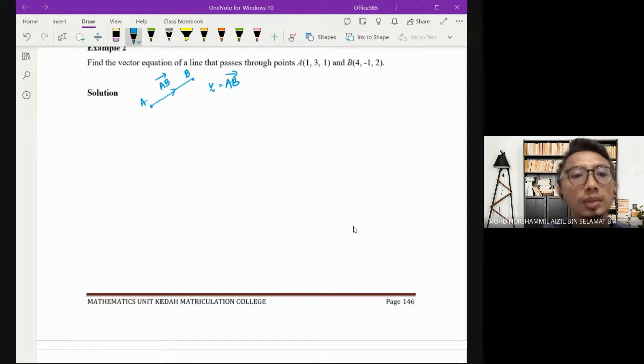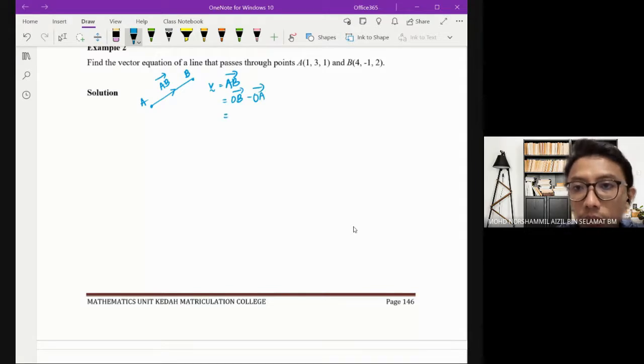V is like M, guys. If Y equals MX plus C, M is like the gradient. Actually it's not the gradient, it's the direction. So V we can obtain from AB. To get V, we need OB minus OA.